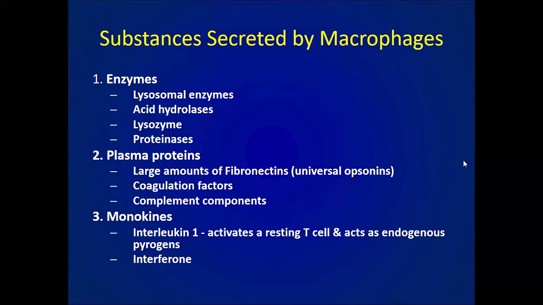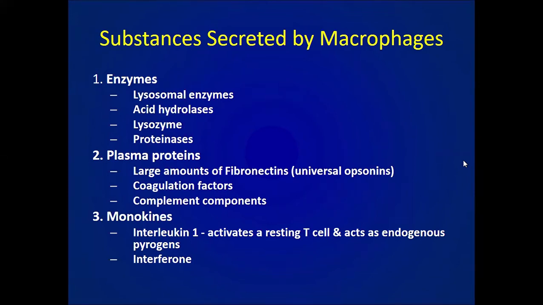Opsonization is the process of coating that's part of the antigen presentation. The antigen is being coated with antibodies and fibronectins so it would be easily phagocytosed by the macrophages.